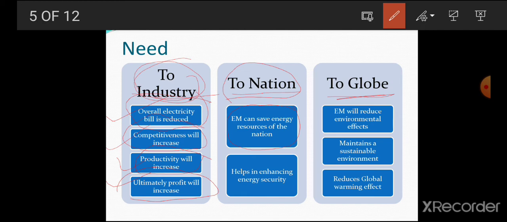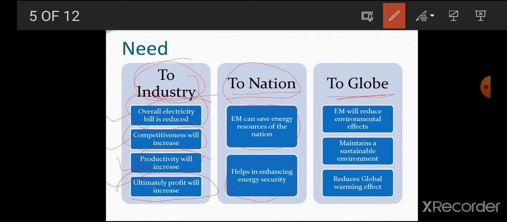And second, it helps in enhancing energy security. So what is this second point? If we are not able to meet our demands of energy, and you do not have power in your building or anywhere, what will you do if you need power?